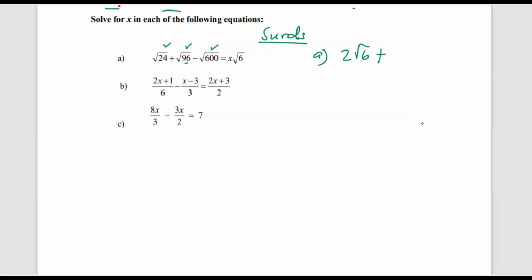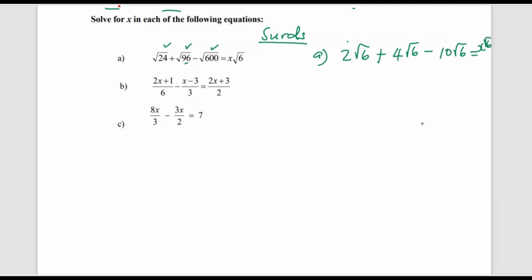It's quite a lot, but I need a perfect square. It's gonna be 4 root 6. Okay, and then minus, this is gonna be 10 root 6 is equal to x root 6.